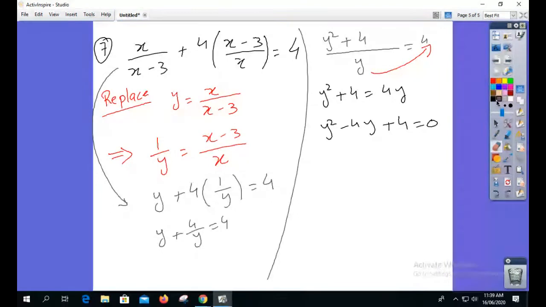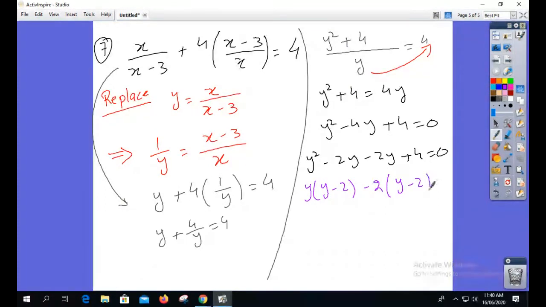Okay, I solve it. y square minus 4y plus 4 equals to 0. By taking y common here, we have y minus 2. Minus 2 from here, we have y minus 2 equals to 0.